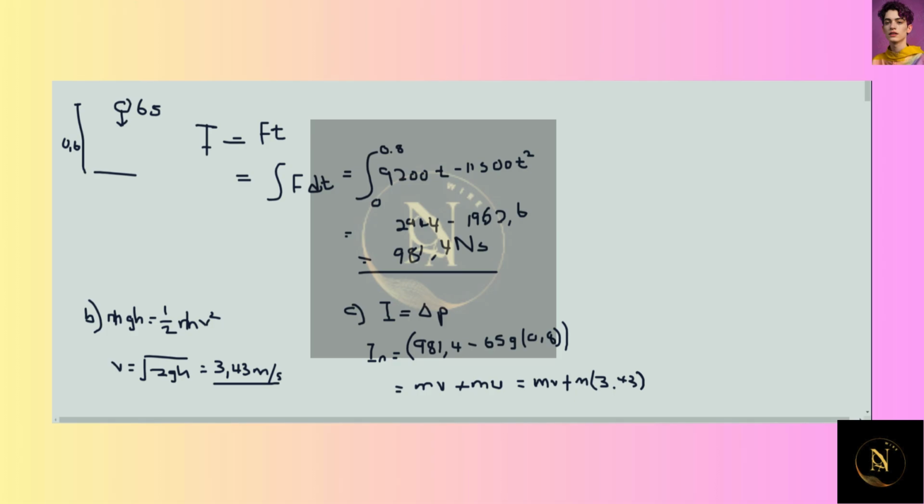Now we know the full left-hand side here because it's just numbers, and we know the mass, so we can go ahead and divide that over, and we know the initial velocity.